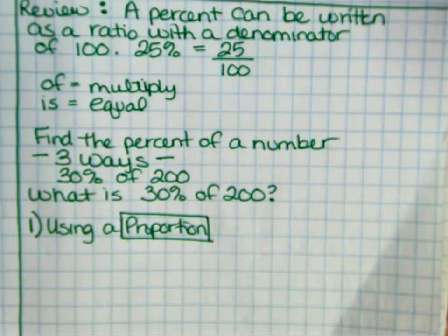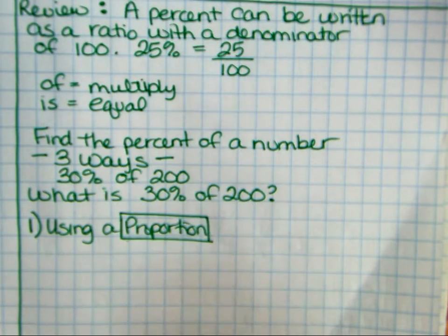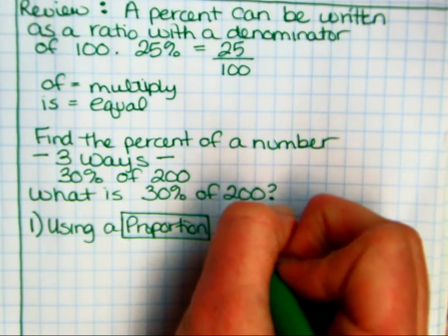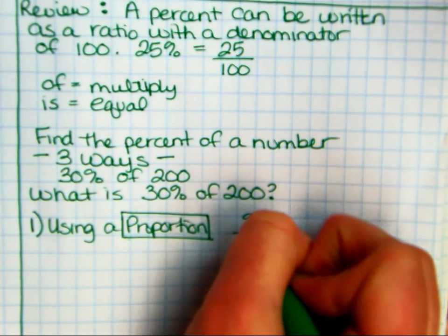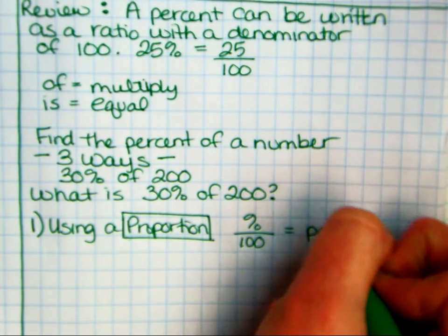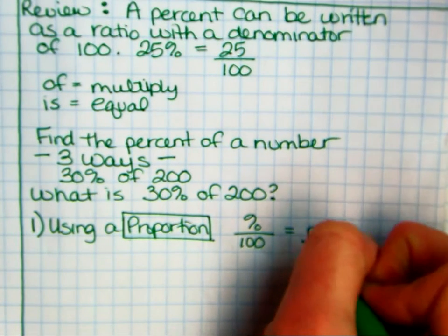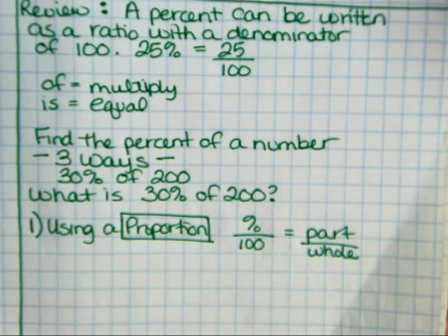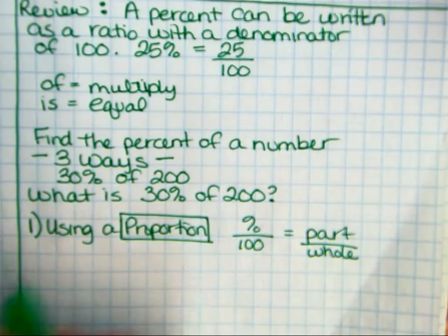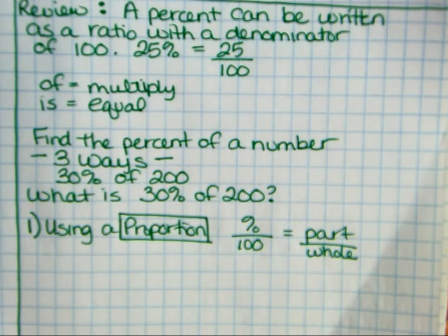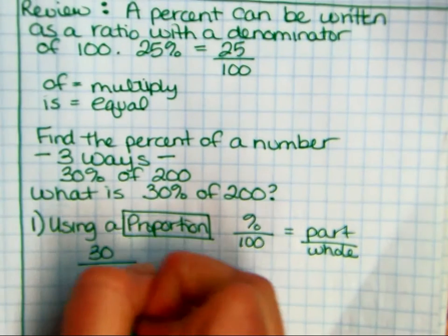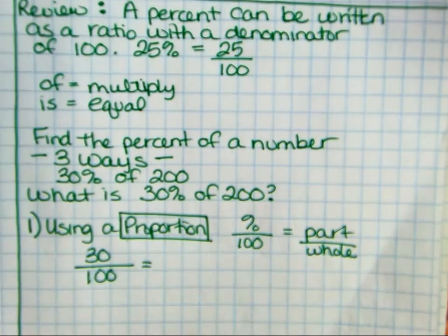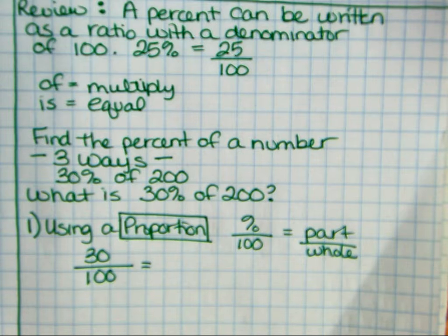So using a proportion. And remember, this is when we use this proportion value of percent over 100 equals part over the whole amount. So let's look at our values up above. We have 30 is the percent over 100 equals, well, we don't know the part because the part would be the is number.